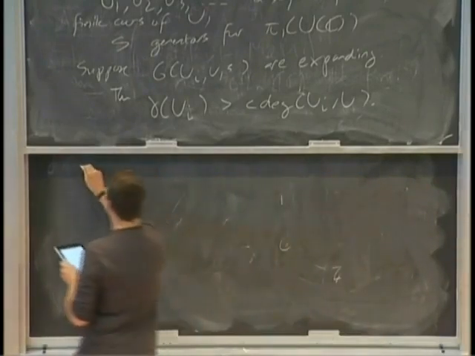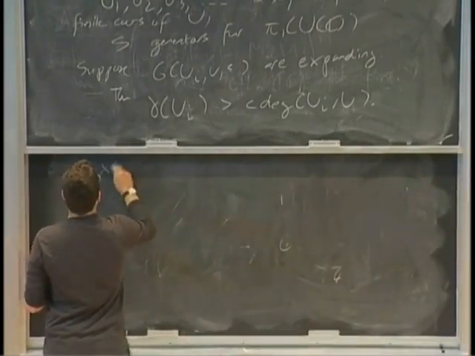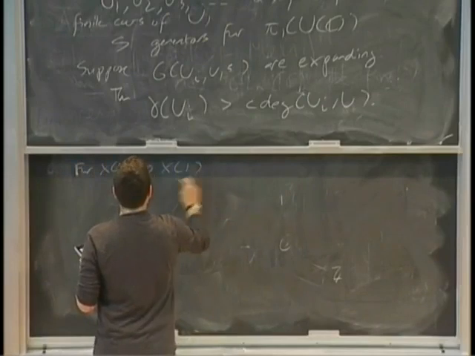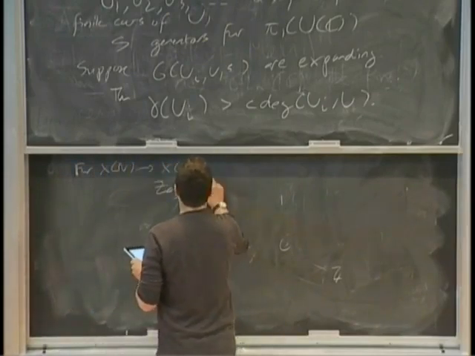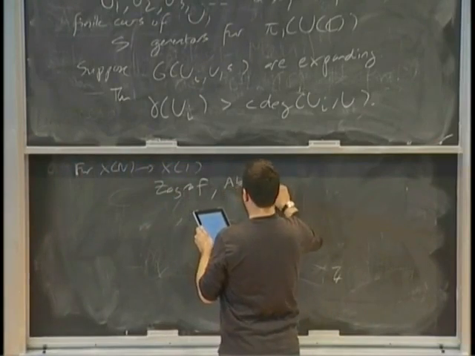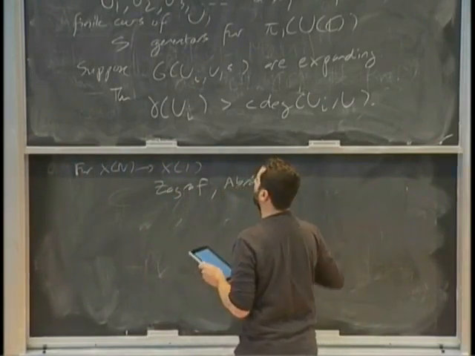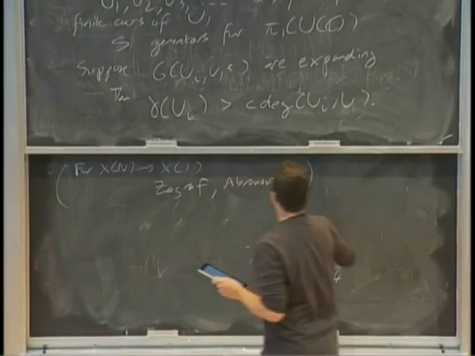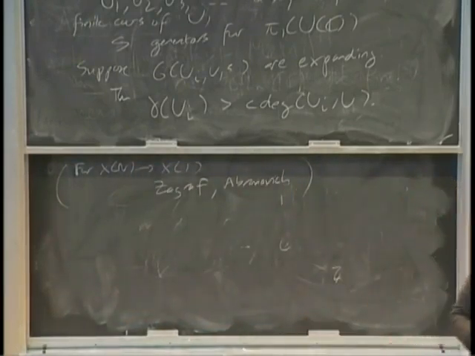So I will say that for X of n to X of 1, the very first proof, as Peter told us, was from Zograf, and then also Abramovich. So in some sense, what we do is an extension of their method using the new techniques.